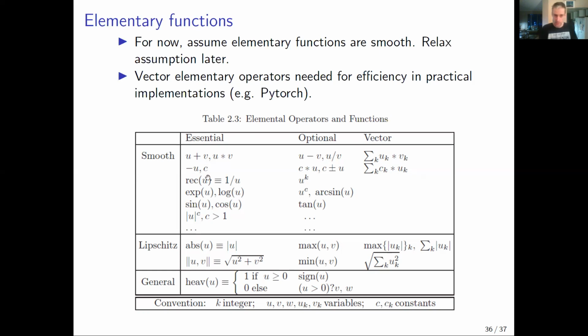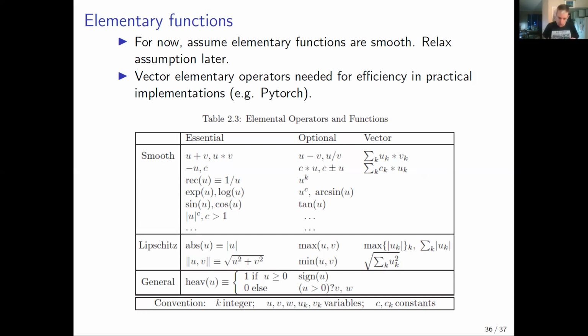Another comment they make is that these elementary functions are basically scalar functions, but you may want to also consider vector elementary functions, which operate on many inputs at once. Indeed, this is how the most powerful automatic differentiation frameworks used in modern tools work, especially the ones targeted at machine learning use cases.